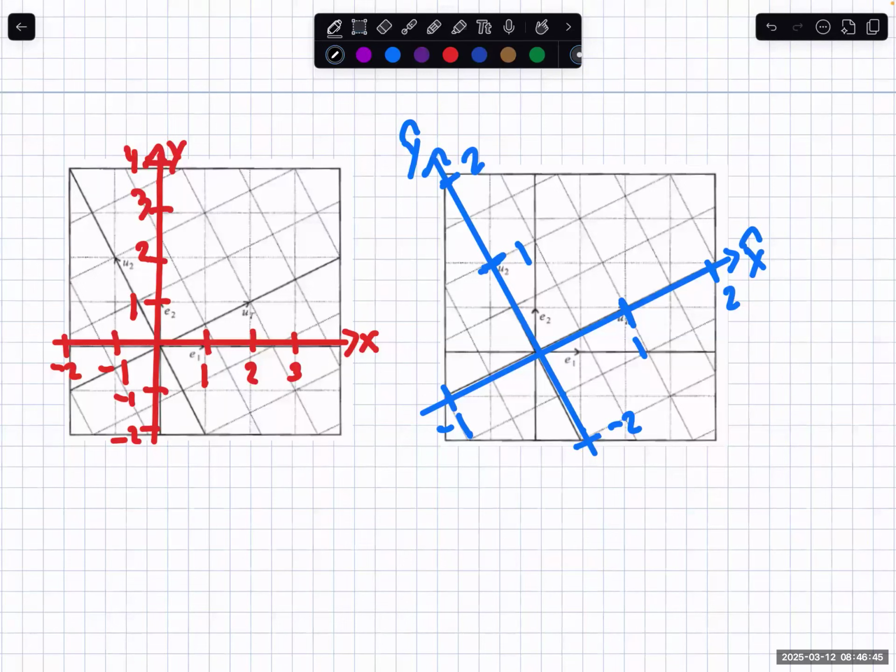I'm going to pick a point here. Let's do this in brown. Same point over here. And then I want to draw the same vector here. Right, so just so we're clear.